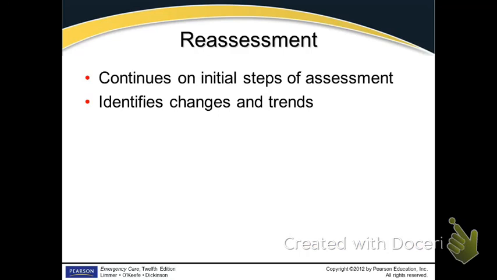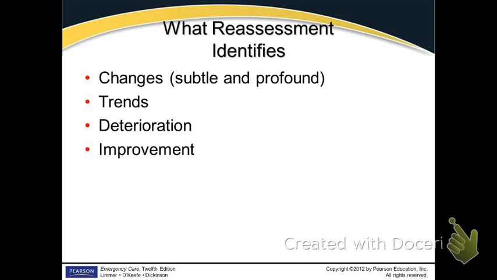Very important. EMS, medicine, nursing, whatever medicine you're going into, always look for trends. Okay? When you start looking for trends, you find an enormous amount of things. And then just changes in the patient's condition.